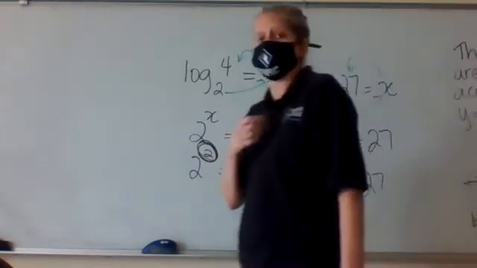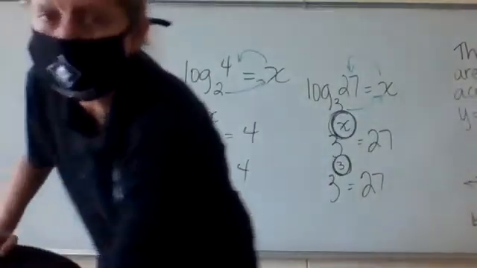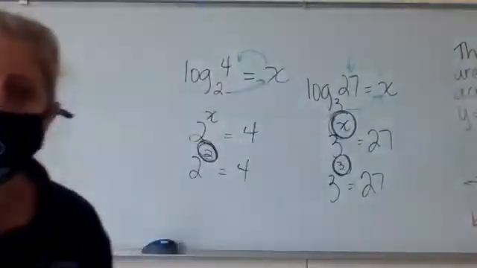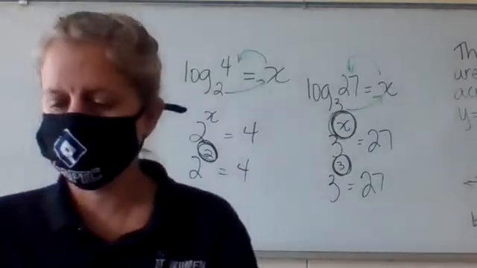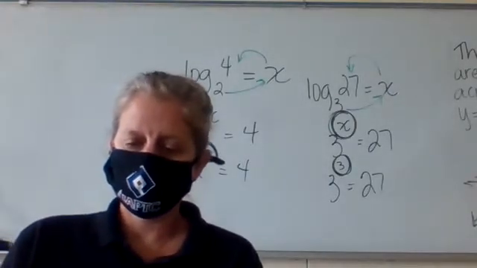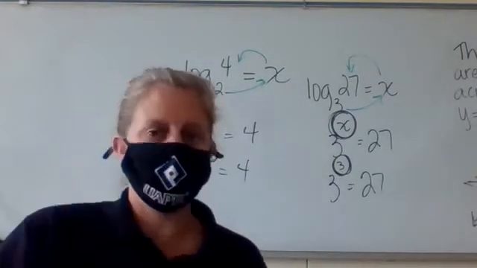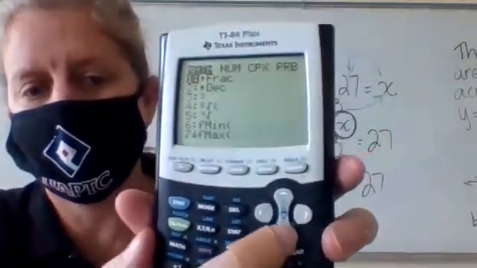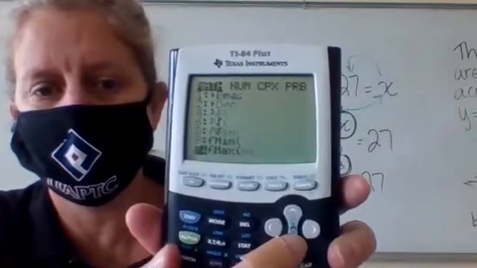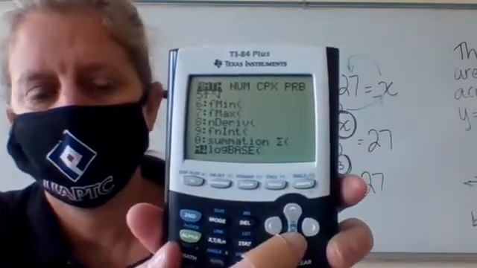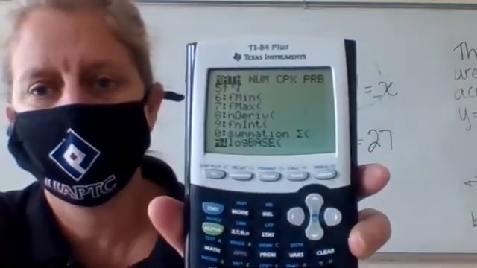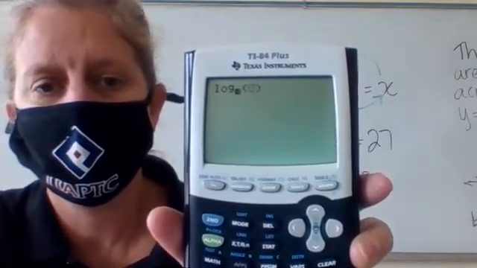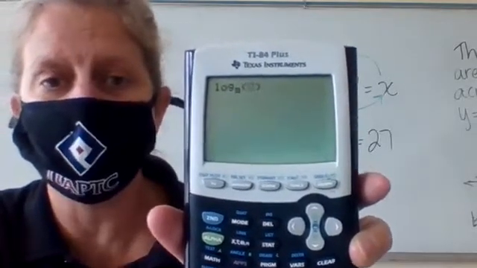Can I do this in my calculator? Yes. Remember where your log base button is, which means go to your math, and down to A, go past all the numbers. There's your log base. Hit enter. You can type in everything you need to type in.